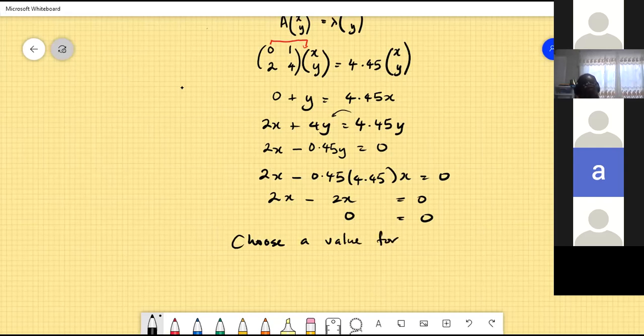Because whenever we find the eigenvalues, the matrix that we're working with, the rank is usually equal to 1. And so if we choose the value for x, then we get y is equal to 4.45.